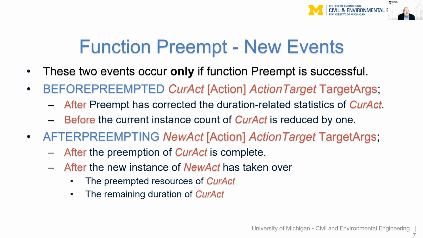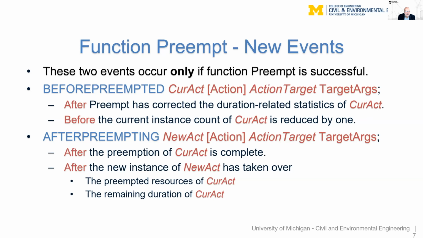Now, in addition to the functions, there are 2 new events that occur only if the function preempt is successful. In other words, it finds an activity to preempt. And those 2 events are before preempted and after preempting. The difference between them is that before preempted takes as an argument the name of the activity that is to be preempted, current act.